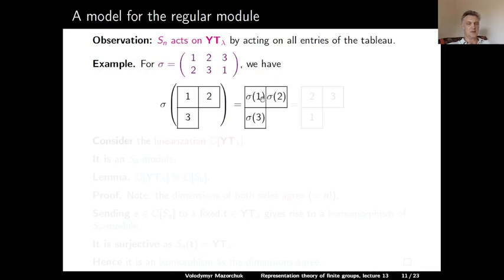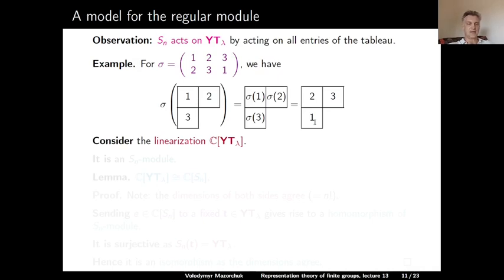You get the Young tableau of the same shape, where now the first box contains sigma of 1, the second sigma of 2, and the third sigma of 3. And this gives us 2, 3, and 1.